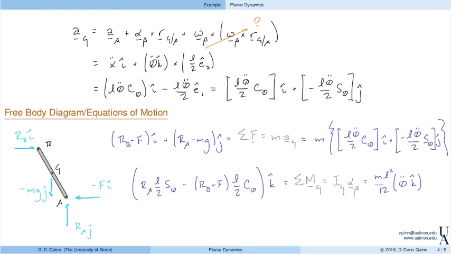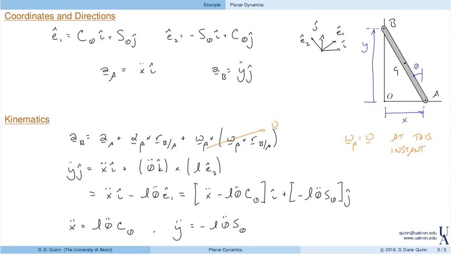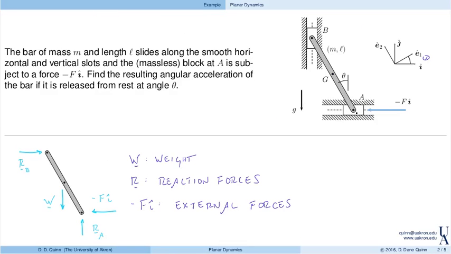And that's kind of interesting because if I notice the original problem statement, the force F acted in the I direction, while the reaction force at A is in the J direction. So we have some coupling, even though F doesn't act in the J direction. Because of the dynamics, it influences the reaction force at this point.